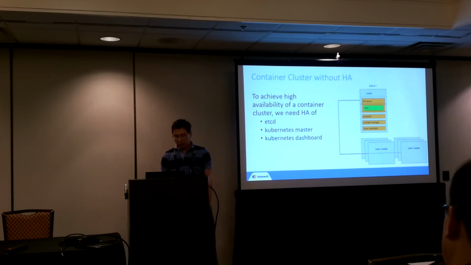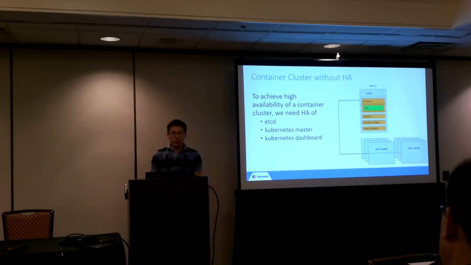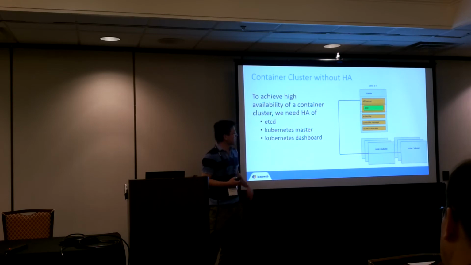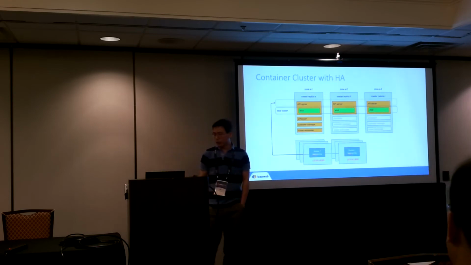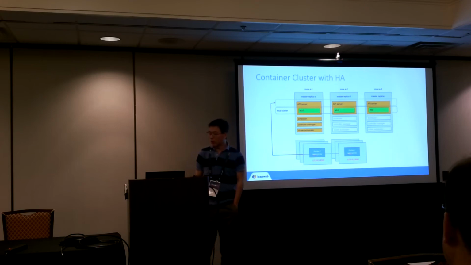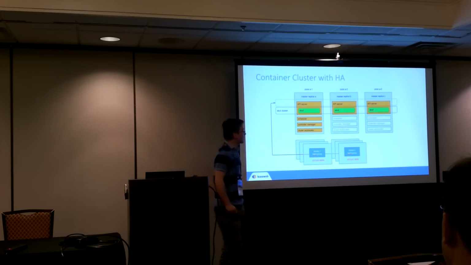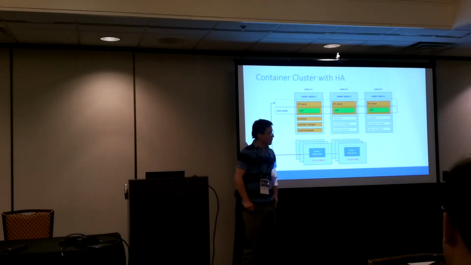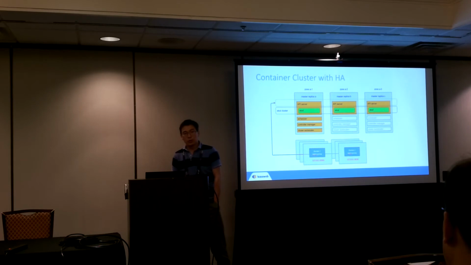So to achieve high availability, we need to create redundant components, for example the API server and etcd. This is the setup of our high availability container cluster. It contains 3 masters, and all the etcd instances on the 3 Kubernetes masters form an etcd cluster.